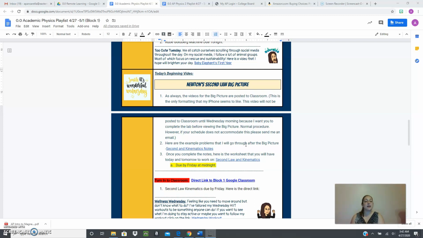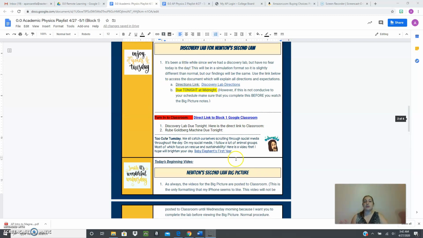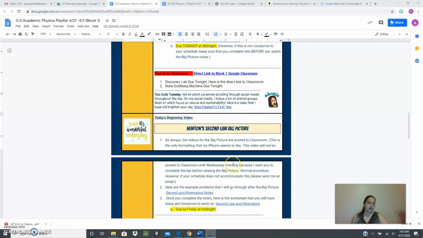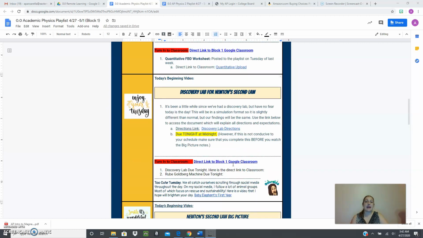So we're still following the same pattern, the same format as we always have done in class. Make sure that you do your lab first, then you do the big picture. In the event that something happens Tuesday and you can't do your stuff on Tuesday, then make sure that on Wednesday, you're still doing the lab first and then doing the big picture. Don't bounce back and forth.